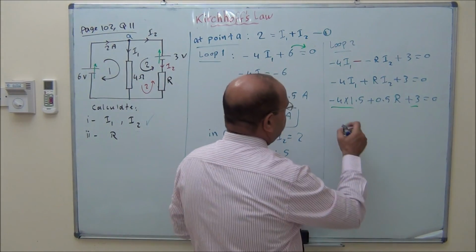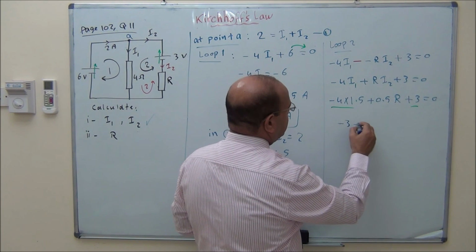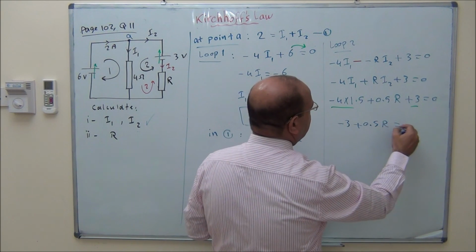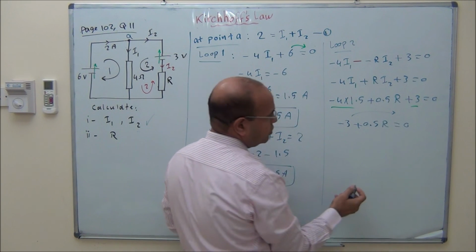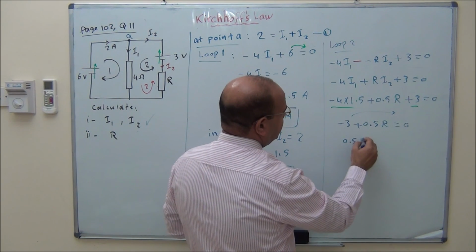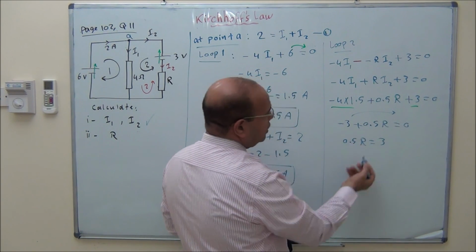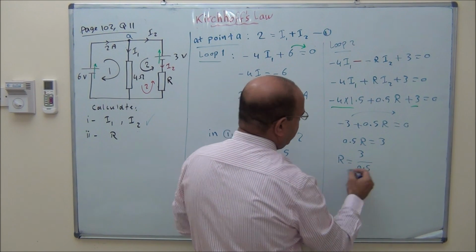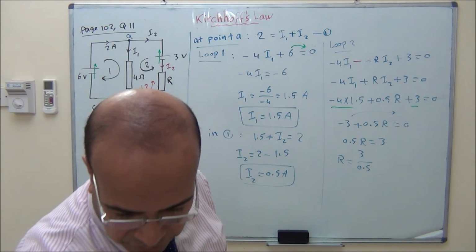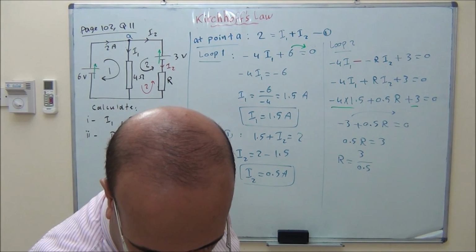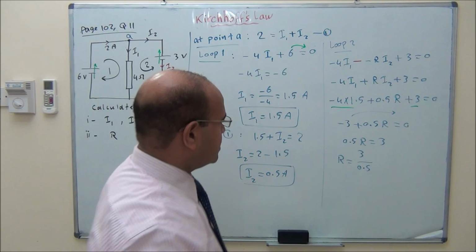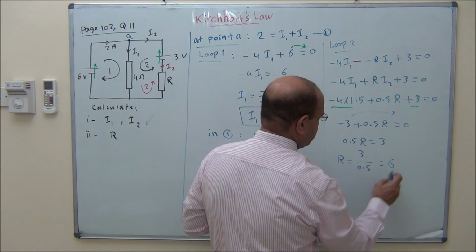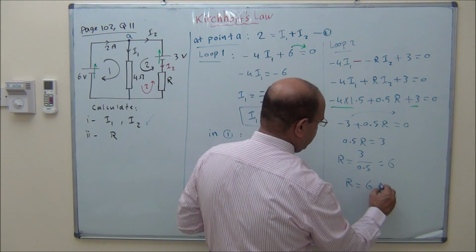So negative 3 plus 0.5 R equals 0. Move negative 3 to the other side. So 0.5 R equals positive 3, so R equals 3 divided by 0.5. The answer is 6. So R equals 6 ohm.